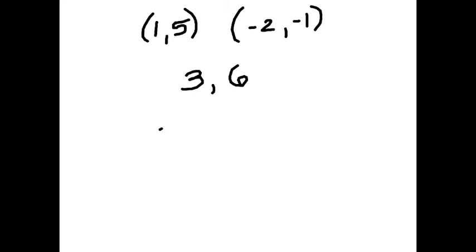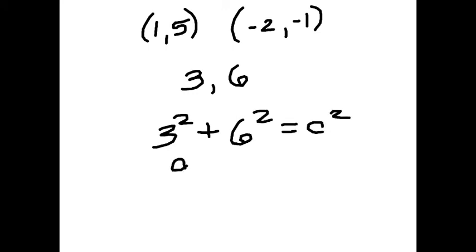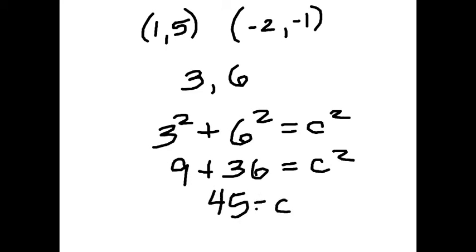So just like we did with the graph, 3 squared plus 6 squared equals c squared. 9 plus 36 equals c squared. 9 plus 36 is 45, so c squared equals 45. Take the square root of that, and c will be approximately 6.7.